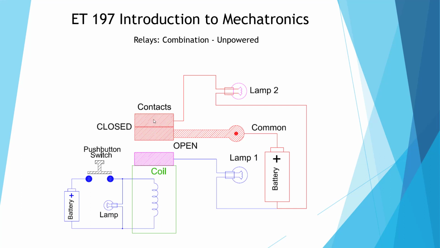Here the closed contacts are touching and we have current flow, and this lamp will be on. This is typical of most modern relays: we have a set of closed and open contacts in the same box, and most of these relays have multiple combinations of these open and closed pairs.